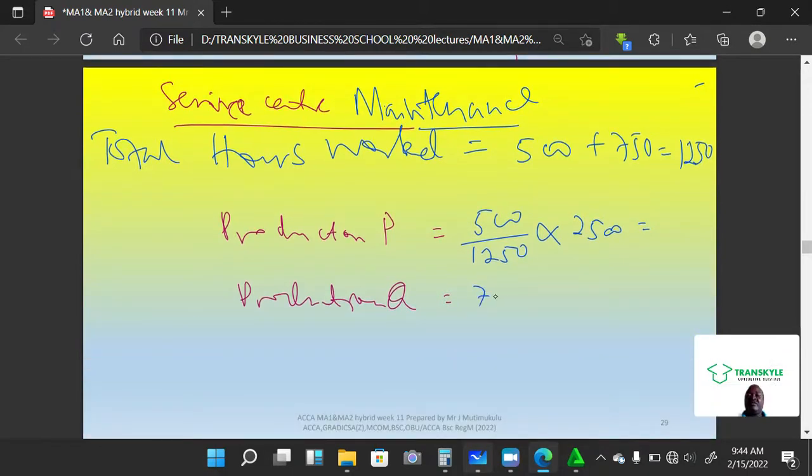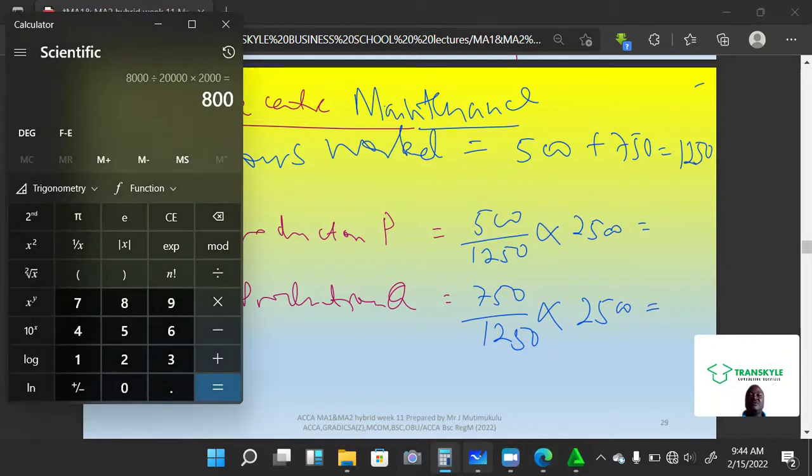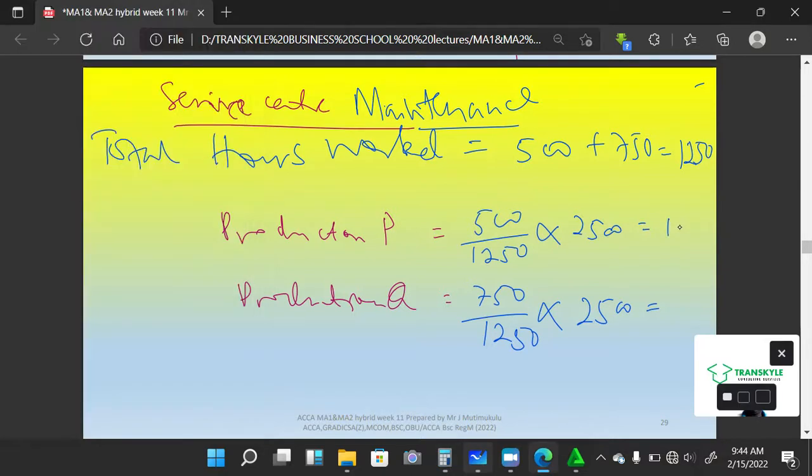Then we've got 750 over 1250 multiplied by 2500. Use your calculator, because in the exam we don't have the whole day to verify. 500 over 1250 multiplied by 2500, we get 1000.